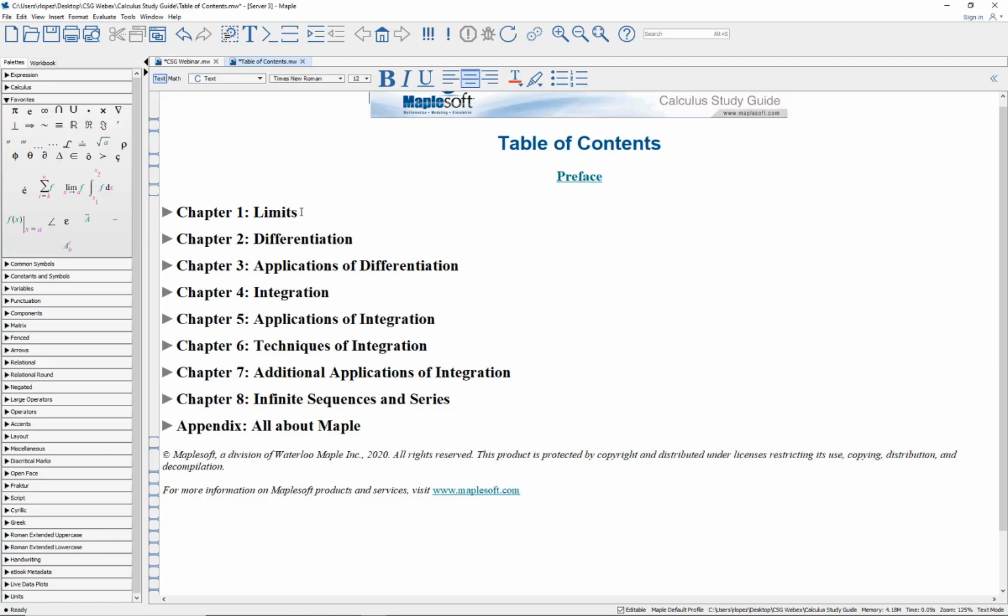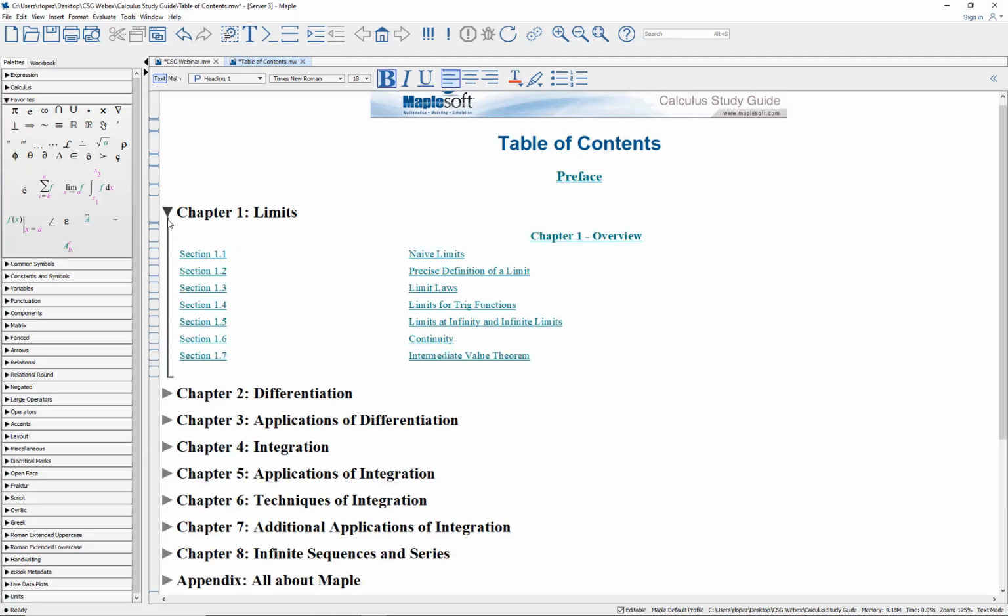You can see the typical development of the calculus: limits, differentiation, application of differentiation, integration, some applications, then the techniques of integration, parts, partial fractions, trig substitution, then further applications of integration because now you have more tools, and then a unit on sequences and series.